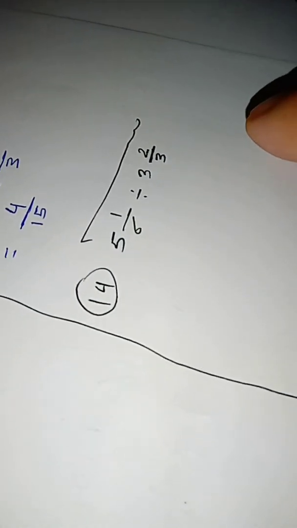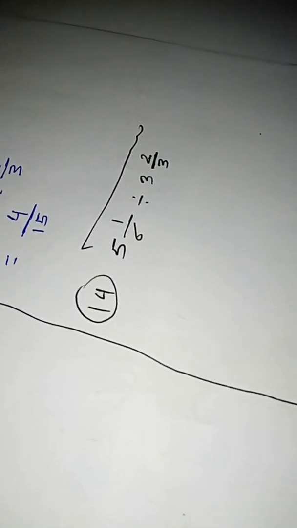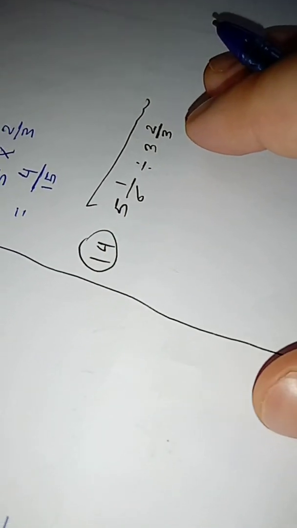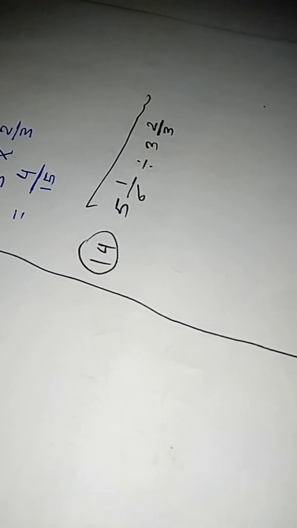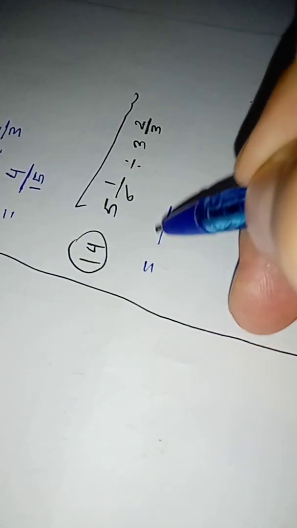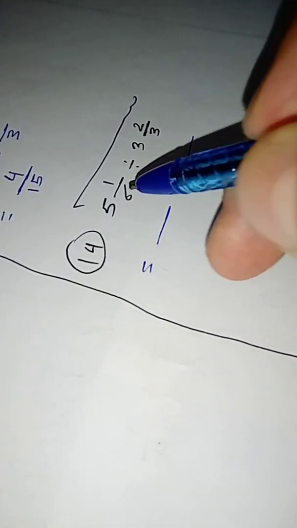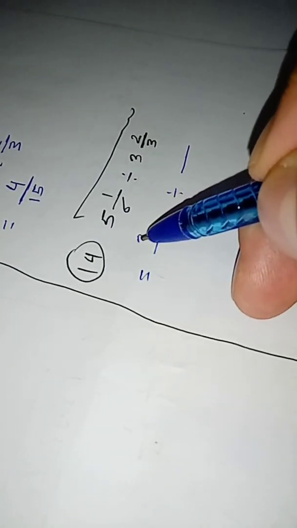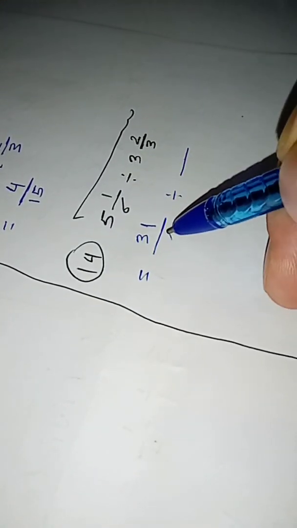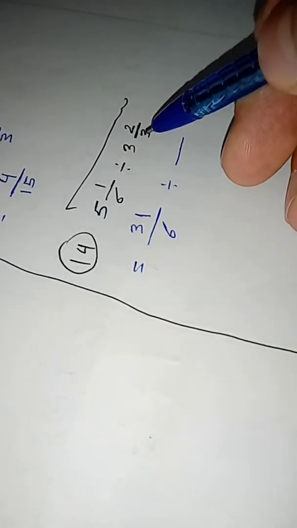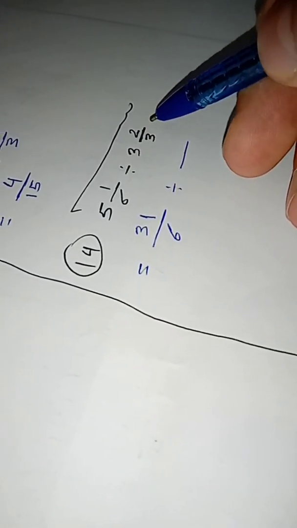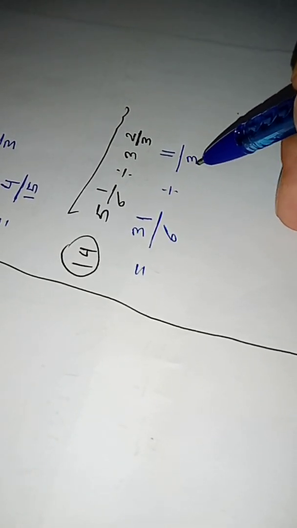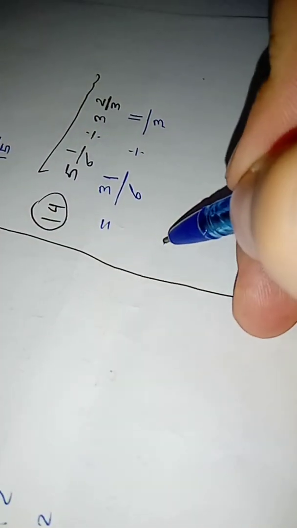The last example here, we have mixed number divided by mixed number. The first step, change from mixed number to the fraction. 5 times 6, 30. 30 plus 1, 31 over 6. And here 3 times 3 will be 9. 9 plus 2 will be 11 over 3. Then use the rule.